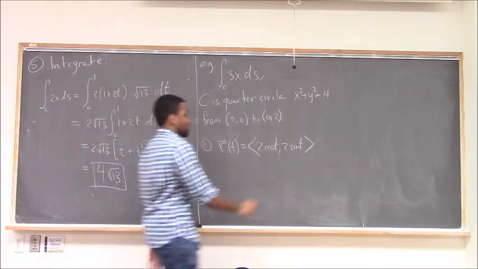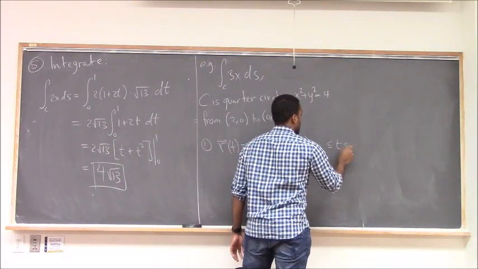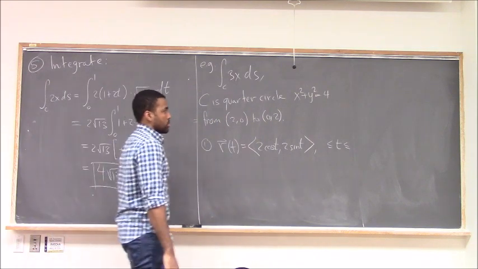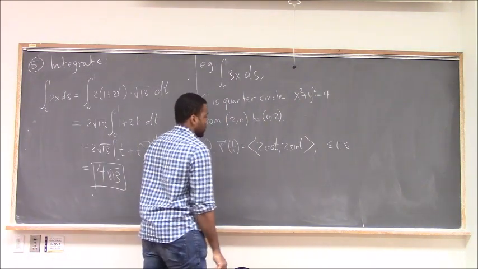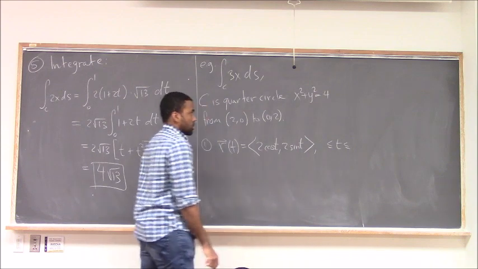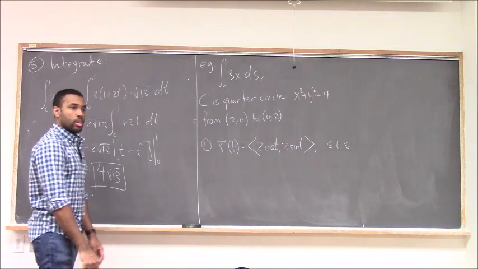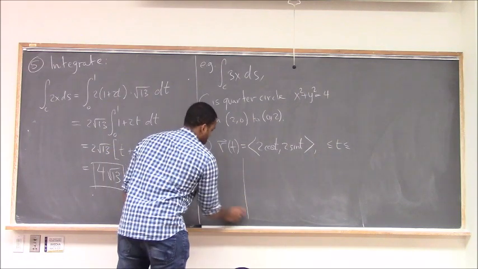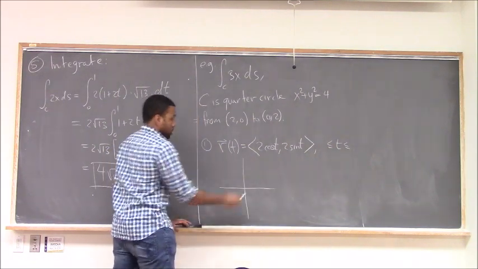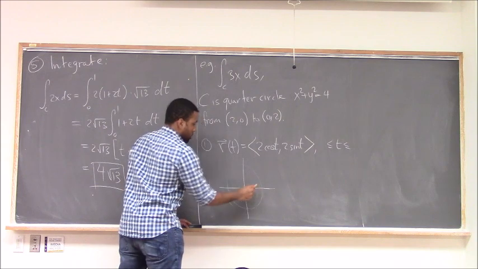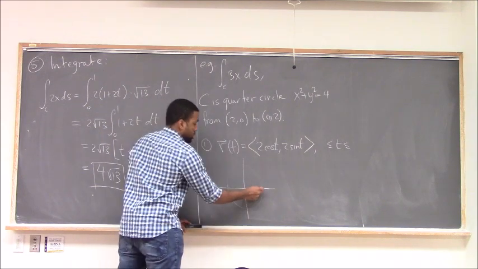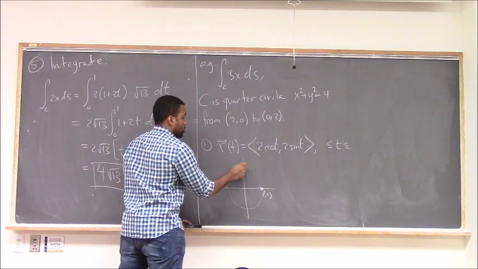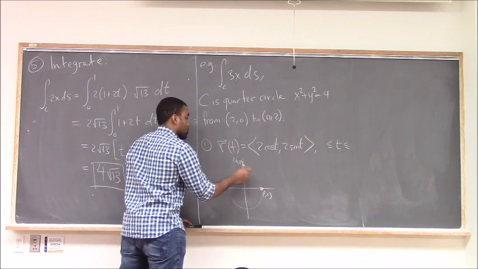And what's our parameterization here? How do you know that? Quarter circle. It does say quarter circle, but what's the picture that we're looking at? So this is the whole circle. We know it's radius 2. This is the point where we have (2, 0), and we're going to this point (0, 2).